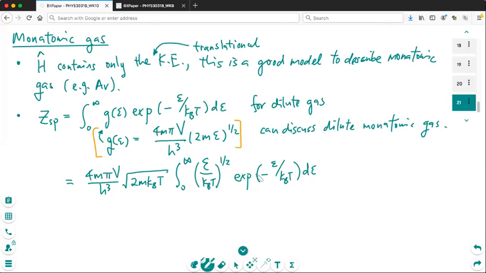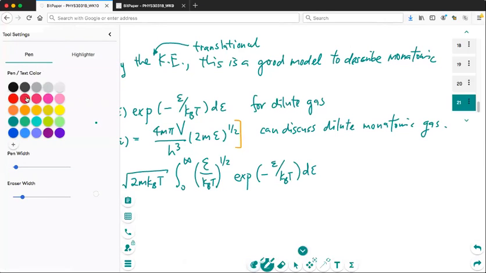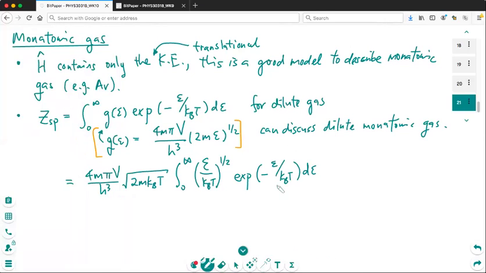Now I will tell you what to do. We are going to let this be x squared. You will realize this is one of the standard integrals that you can look up in the table or you'll be given the value of the integral. The steps are just routine. You just let this be x squared, and don't forget to deal with this d epsilon.